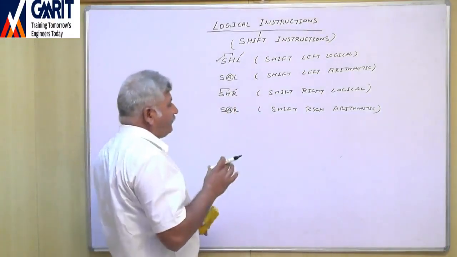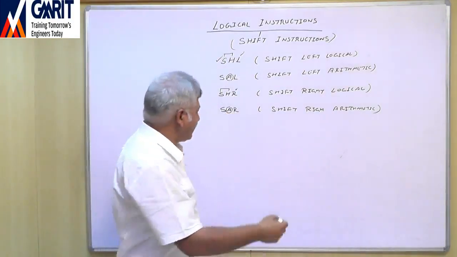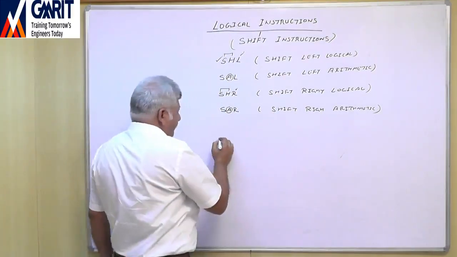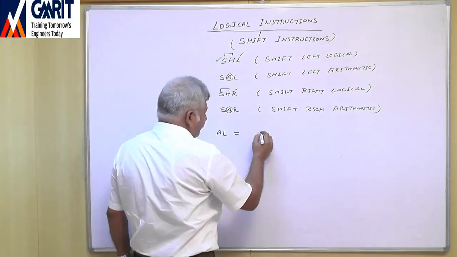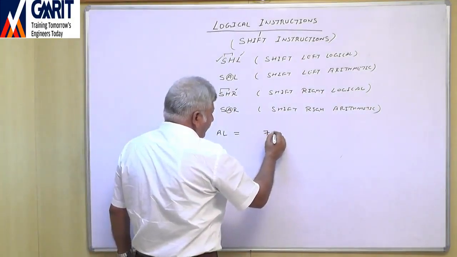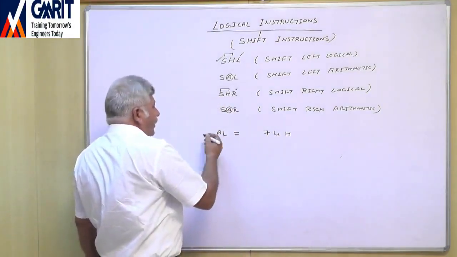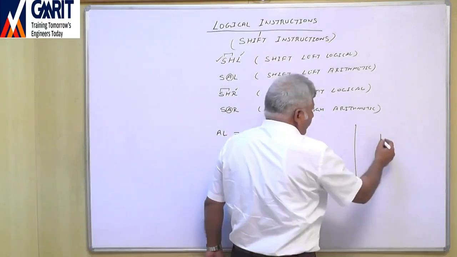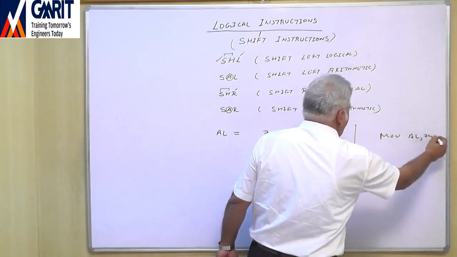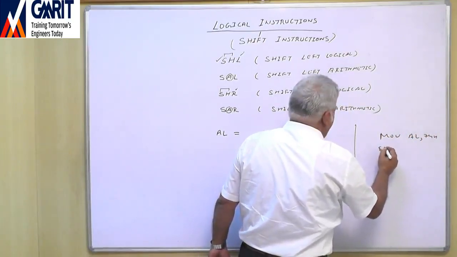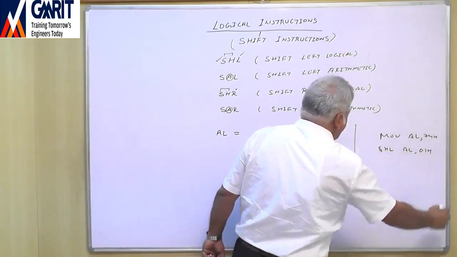So with one 8-bit number, we will see what the various operations for these instructions are. Suppose in some AL register we have an 8-bit number, 74H, and after this we have written the instruction SHL AL, 01H.